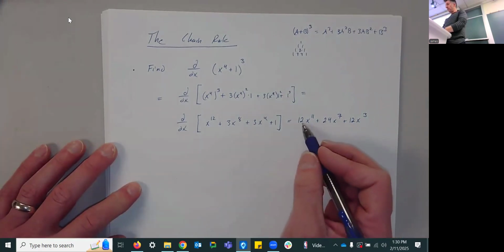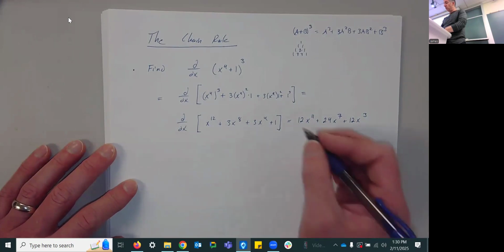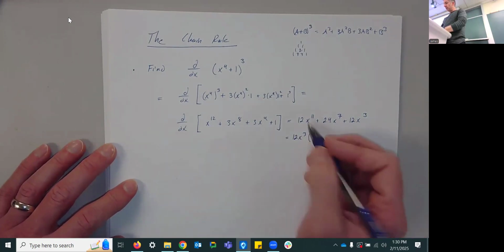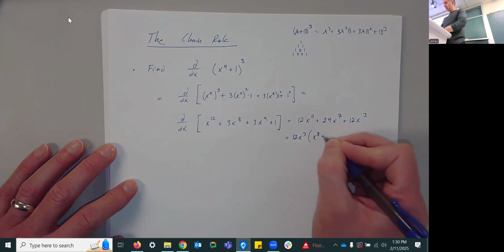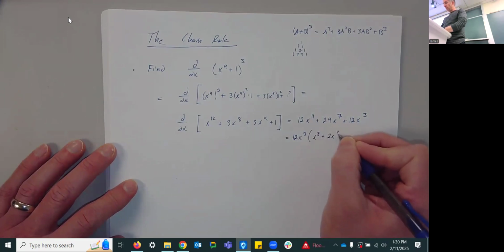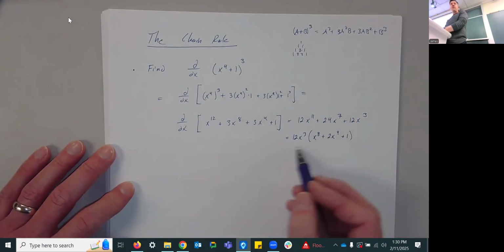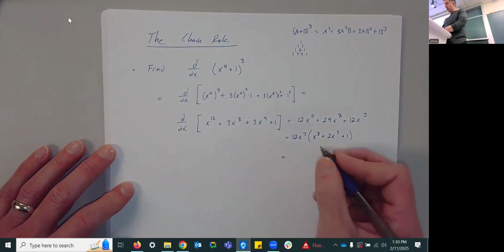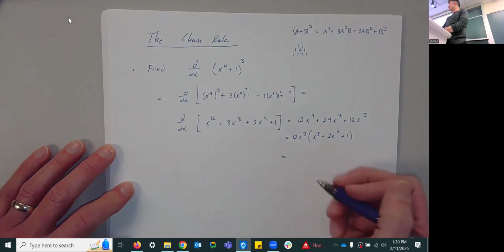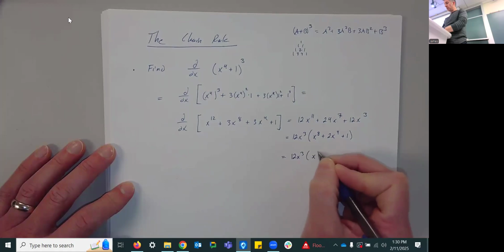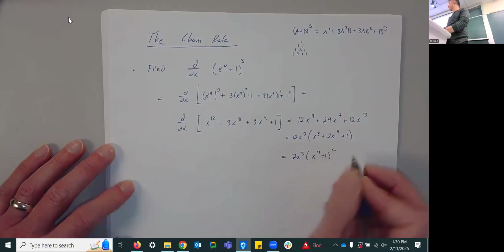So I'm going to factor out a 12x cubed. I'm left with an x to the 8th, a 2x to the 4th, and a 1. And I will point out that this actually factors as x to the 4th plus 1 quantity squared. We've got 12x cubed times x to the 4th plus 1 squared.